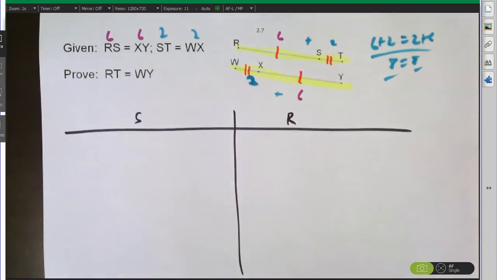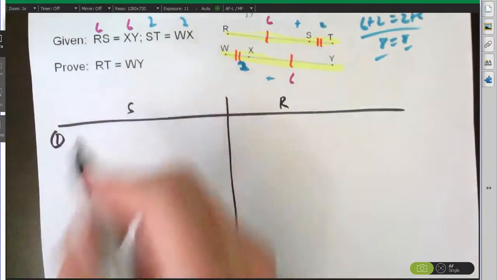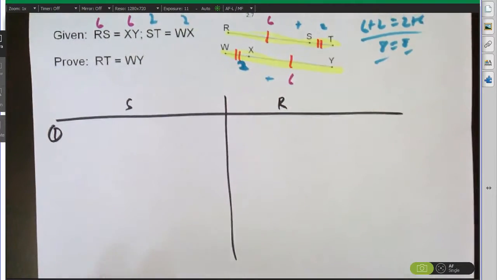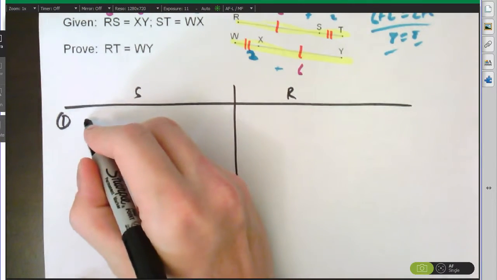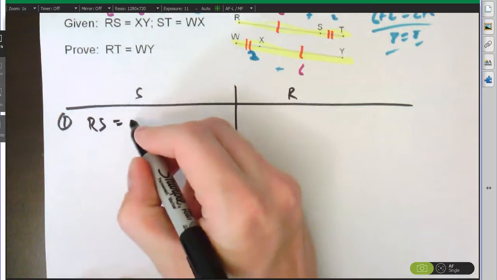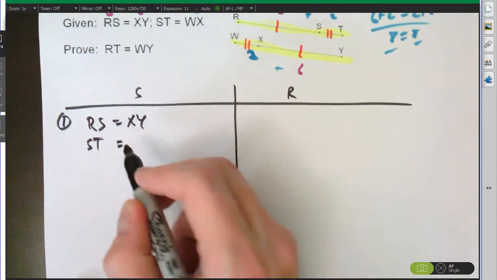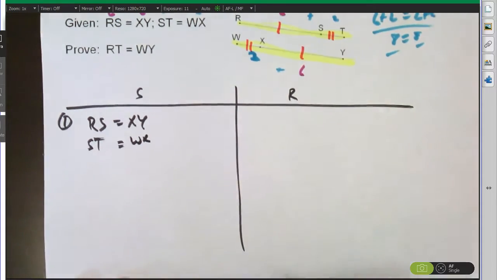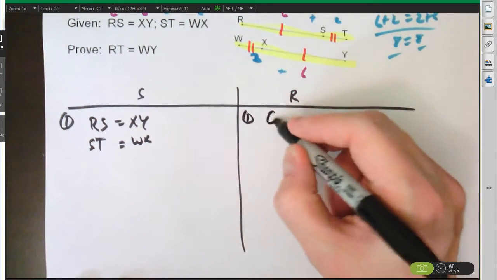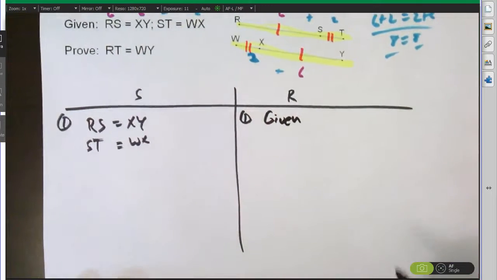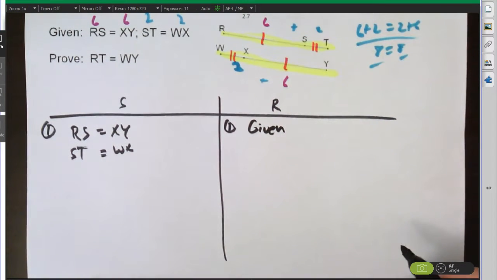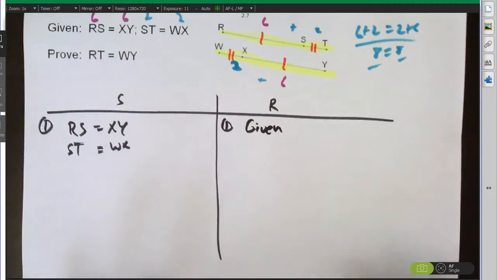That's the difficult part. So, first given, and I'm going to write this in a specific way on purpose. I'm going to write RS equals XY, and underneath it I'm going to write ST equals WX. Given.